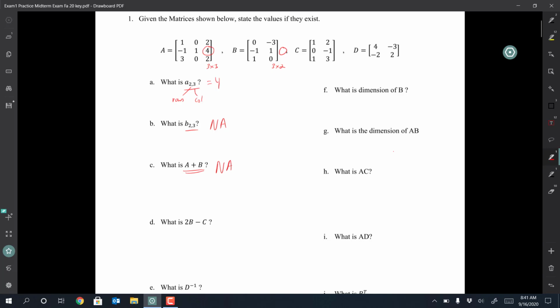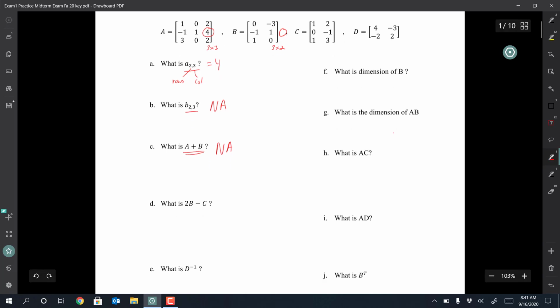What about 2B minus C? Well, B and C are the same size, so if I take my matrix B and I multiply it by 2, that's just multiplying all the components by 2. So if I multiply all the components by 2, I would get this. And if I subtract the matrix C, which is this matrix, I just subtract them component-wise.